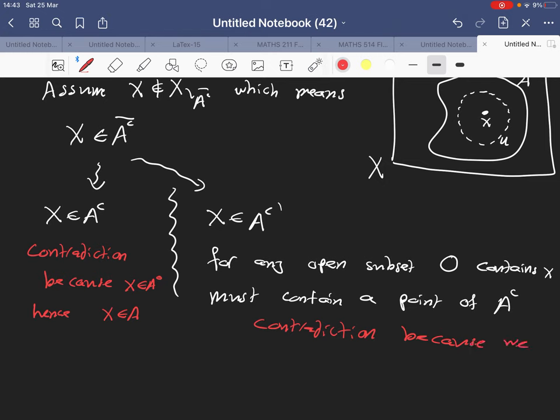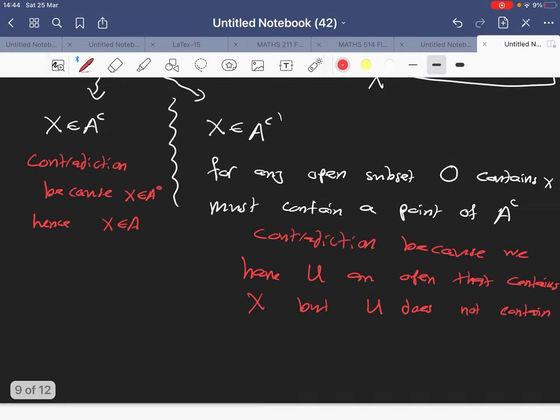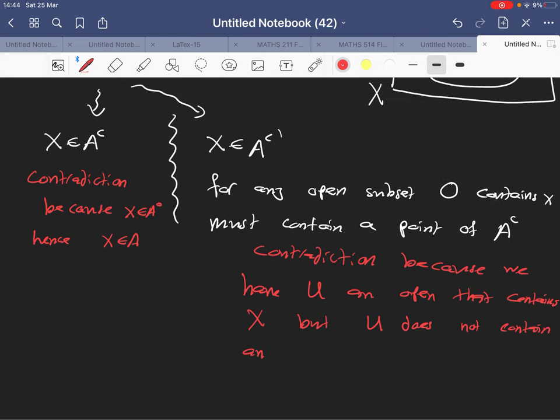we have U, an open set that contains X, but U does not contain any point from the complement.